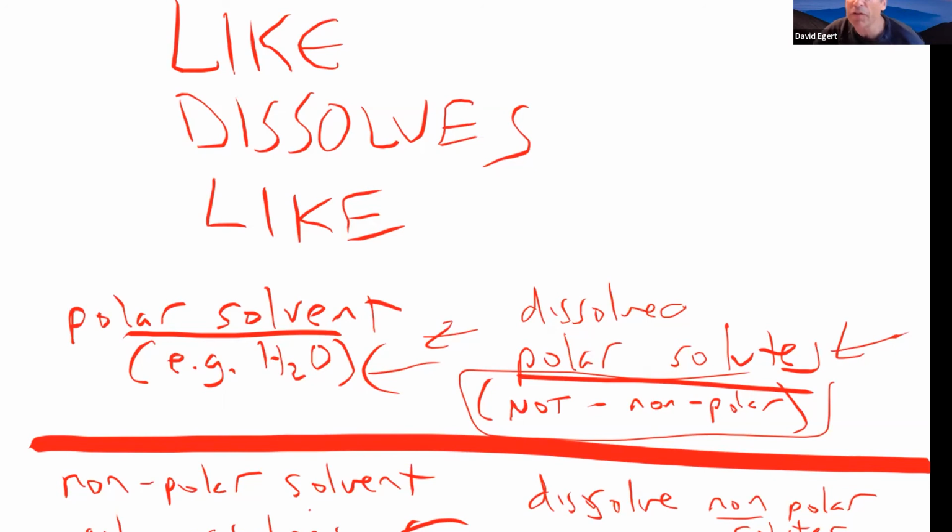One of the really sucky things you could do to somebody used to be putting sugar in their gas tank. What's going to happen if you put sugar in gasoline? It won't dissolve. The sugar molecules are polar. They're just going to keep holding on to each other.